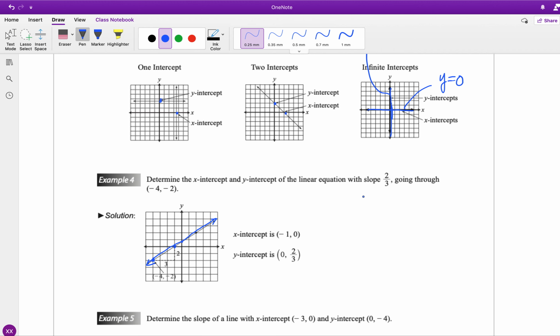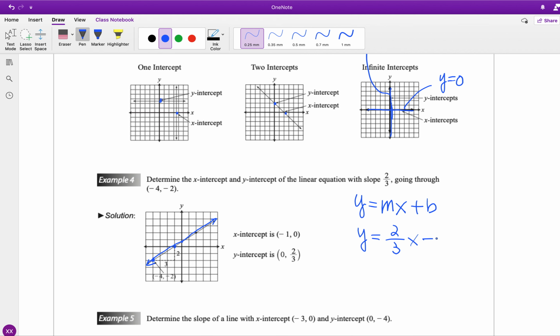Your line can always be written as y equals mx plus b. All right? Now, you know the m because this is set to 2 over 3. So this line equation is y equals 2 over 3x plus b.